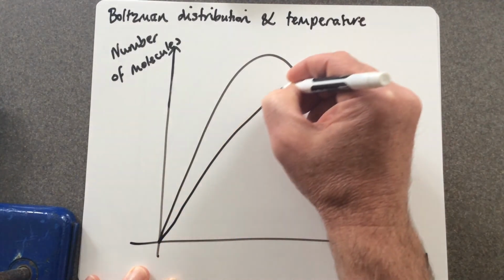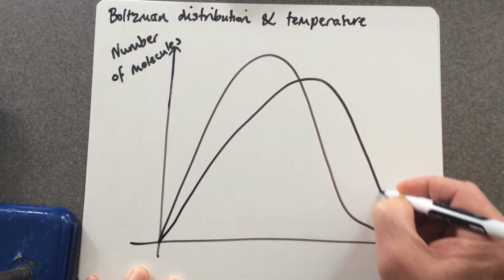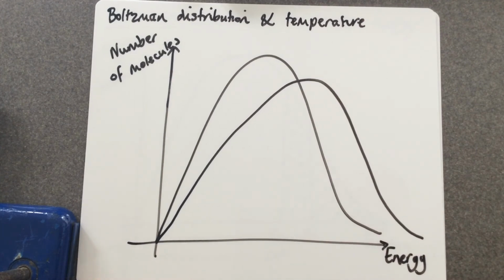So the peak or maximum of the curve moves to a higher energy, but it also moves lower because the total number of particles has to be the same for the two curves.